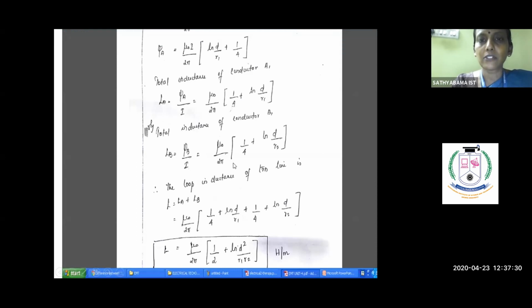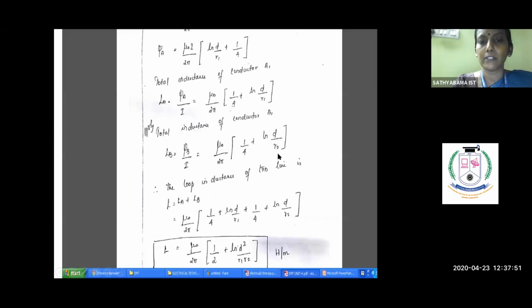So the inductance of conductor A can be written as psi A by I, where I gets cancelled, and you end up with this equation. Similarly, for the inductance of conductor B, the equation becomes mu naught by 2 pi times 1 by 4 plus ln, with R2 instead of R1.